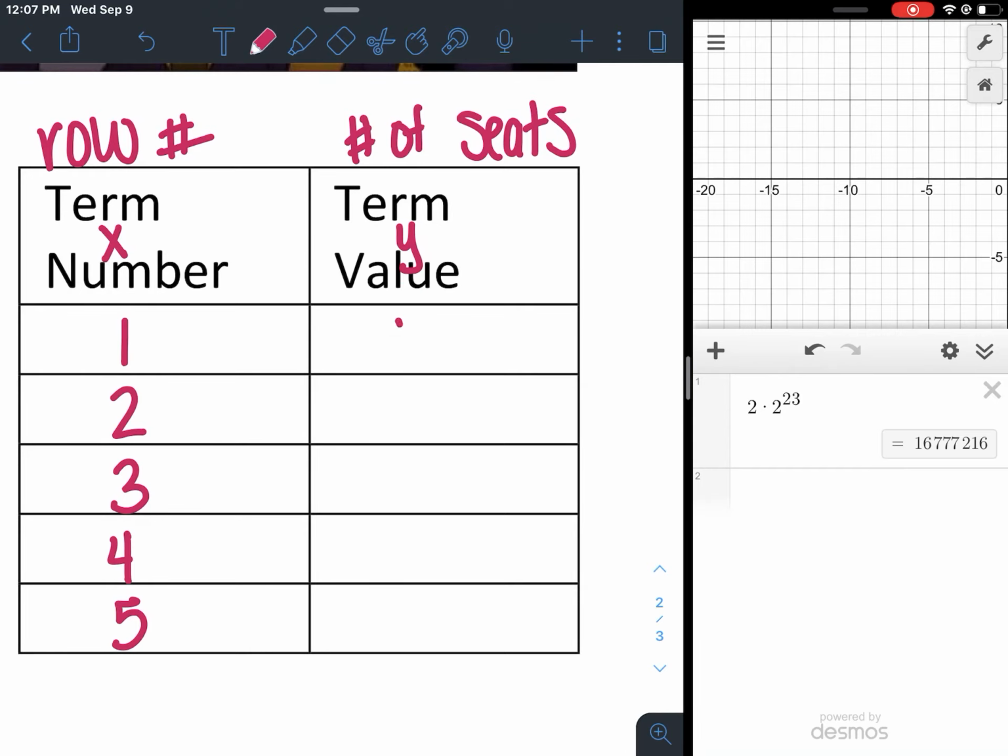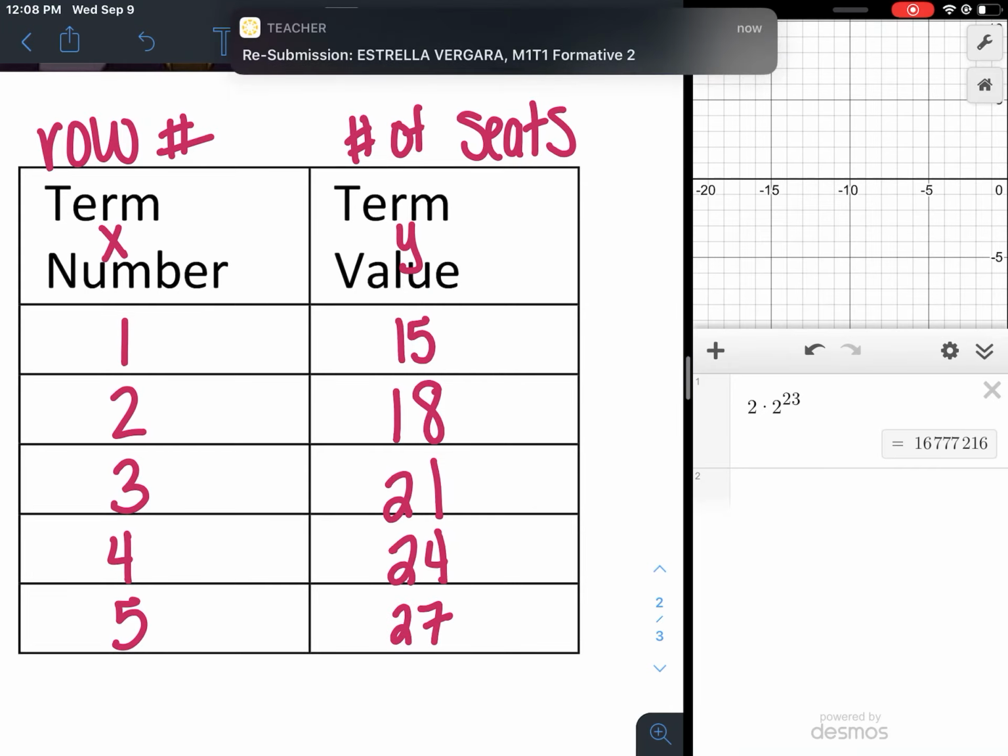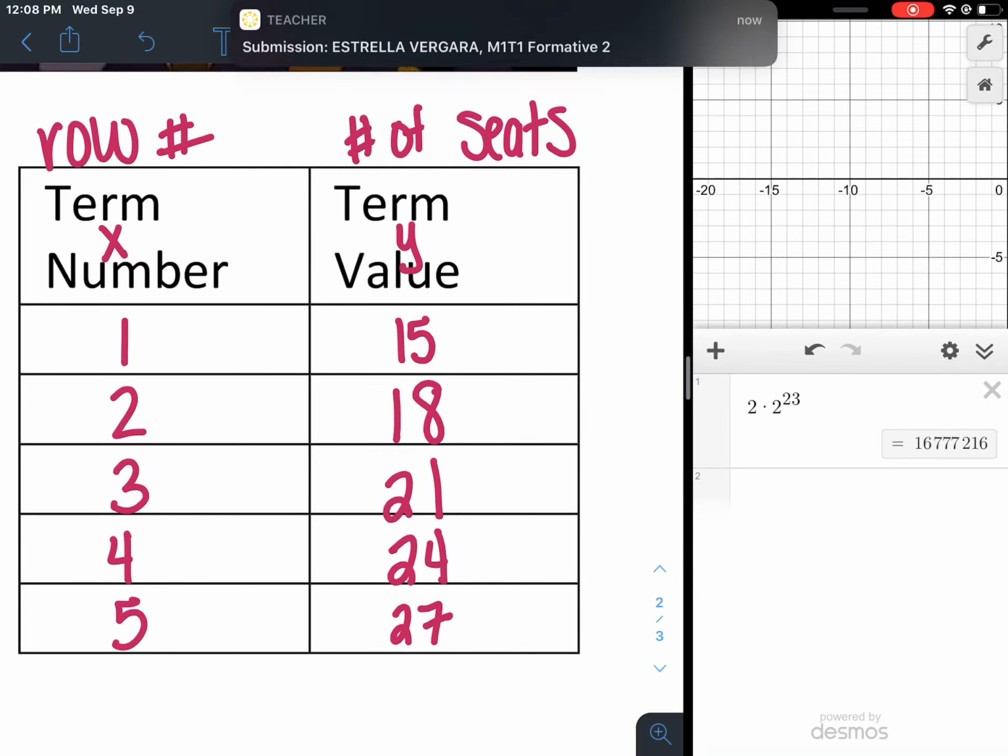So the first row was 15 chairs, second row was 18, then 21, 24, and for the fifth row, they didn't tell us, but we know the common difference is 3, so I'll just add 3 onto 24, and the fifth row should have 27 chairs.